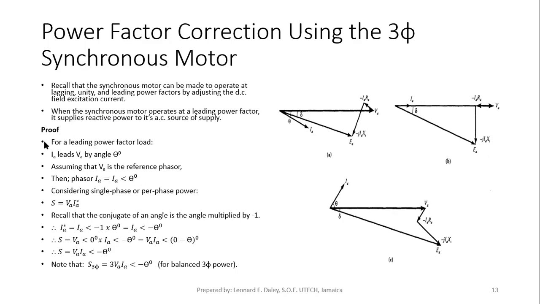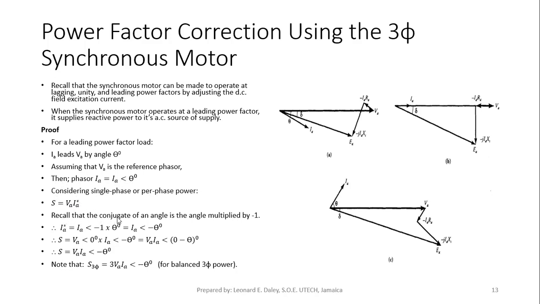All right. So here we're going to be doing a little proof of that. When IA is leading, the phasor becomes IA at angle theta. And if we consider the single phase or per phase power, then S is equal to VA times IA conjugate. You would have remembered conjugate from maths, and the power system people would also be familiar with S equal to VI conjugate.